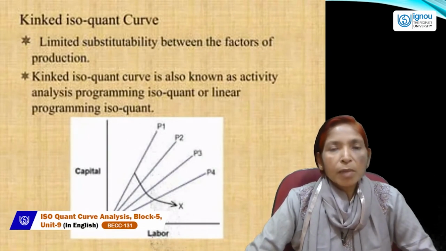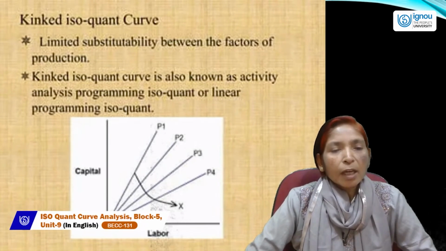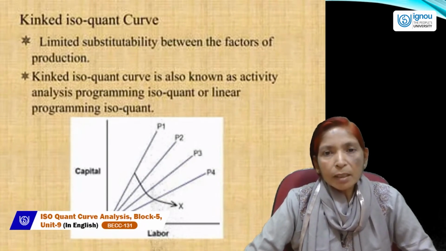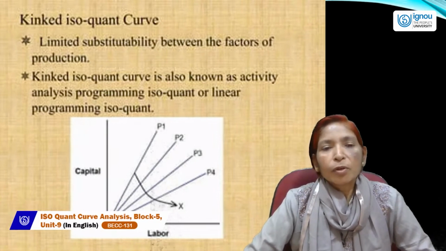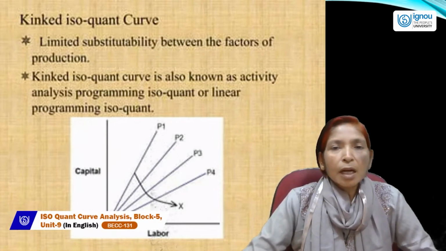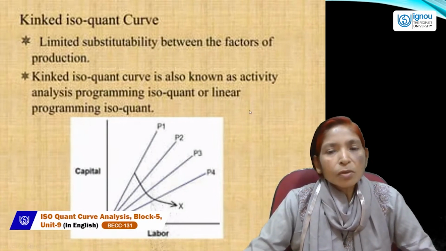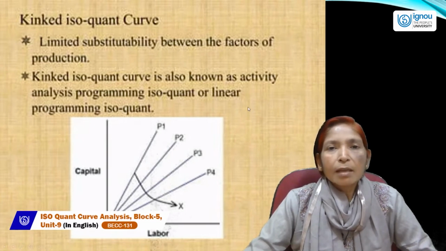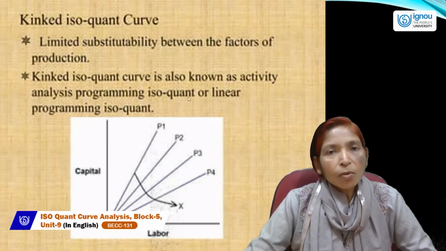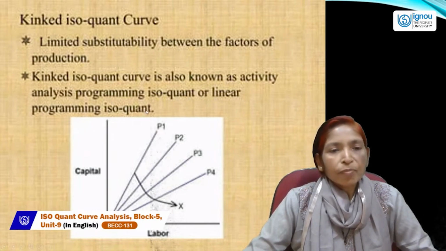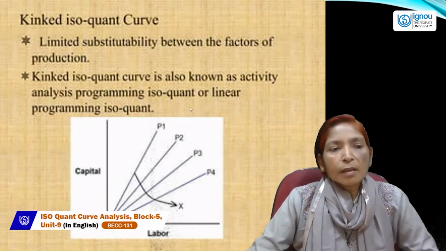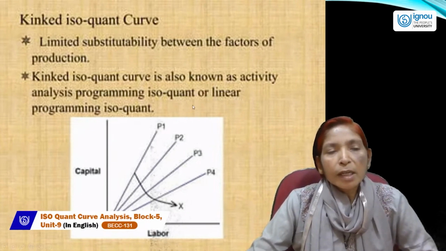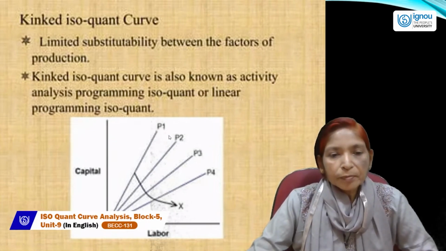Isoquant curve may be kinked if limited substitutability is applicable between the factors of production. Kinked isoquant curve is also known as activity analysis programming isoquant or linear programming isoquant. If two cases are applicable on the same curve, then the diagram will be a kinked isoquant.